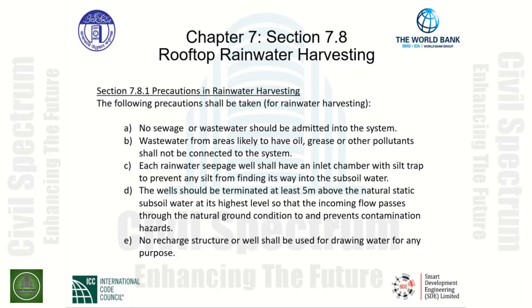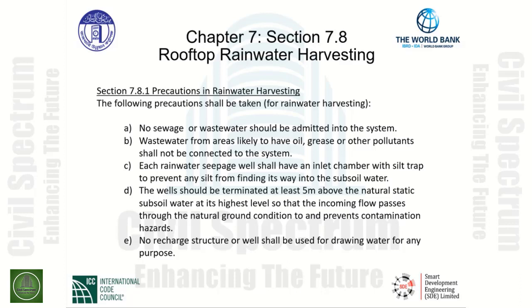Item B, any wastewater from areas likely to have oil, grease, or other pollutants shall not be connected to the system. Item C, each rainwater seepage well shall have an inlet chamber with silt trap to prevent any silt from finding its way into the subsoil water.